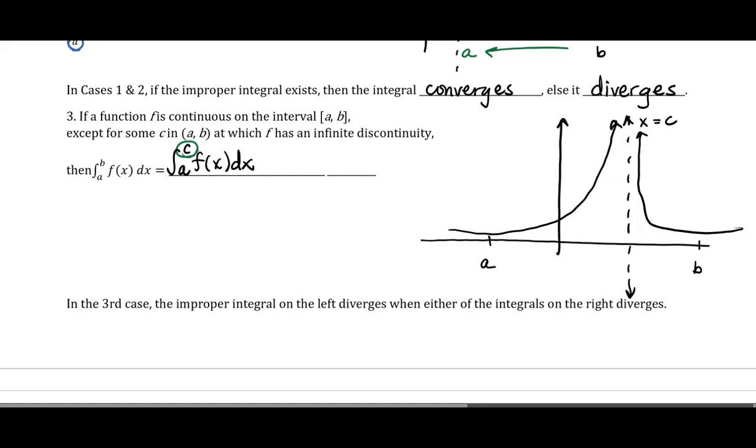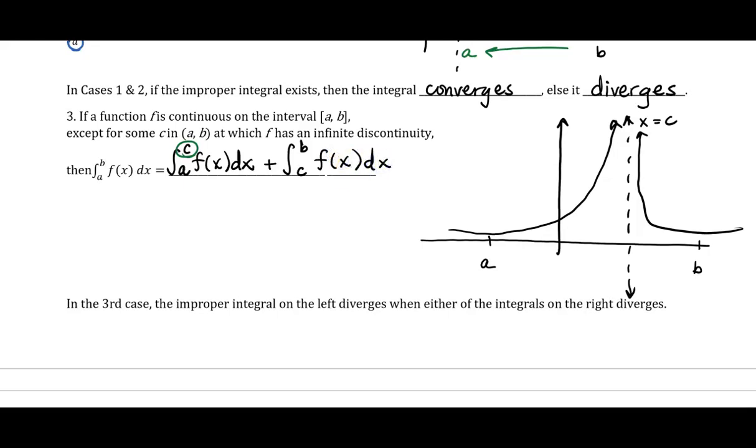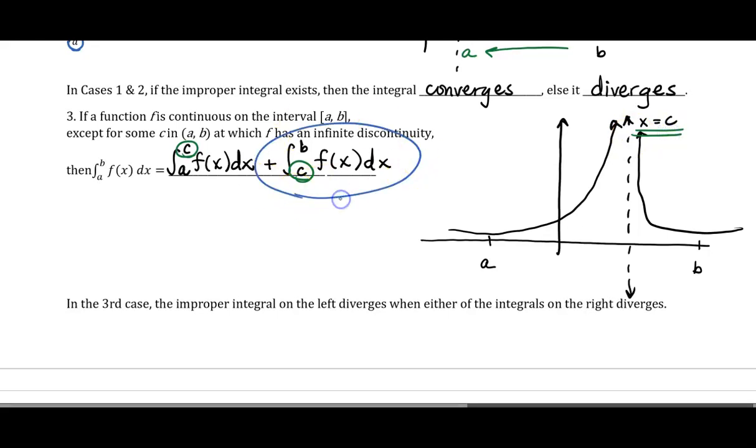So you would need to apply a limit and approach C from the left in that integral. You would also need to integrate from C to B. In the second integral that I wrote, C is again a problem. There's a discontinuity at C. But in this integral, if you're going from C to B, you would need to introduce a limit and approach C from the right, since you have graph on the right side.